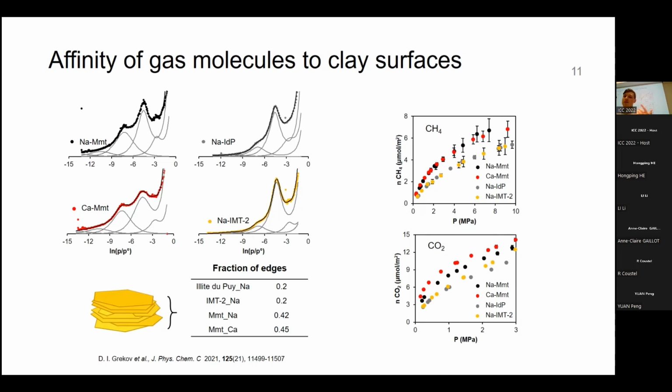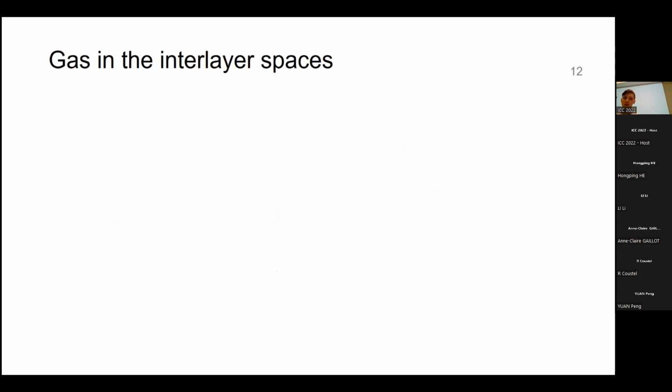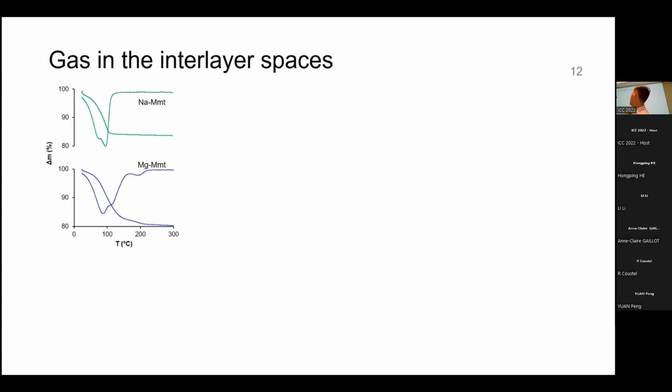So let's have a look at another mechanism of adsorption, which is related to the intercalation of gases in the interlayer. By the way, a very good talk was given by Peter Zimnowski on Tuesday on this topic. So in this example, we take two smectites, two montmorillonites, one exchanged with sodium and one with magnesium.